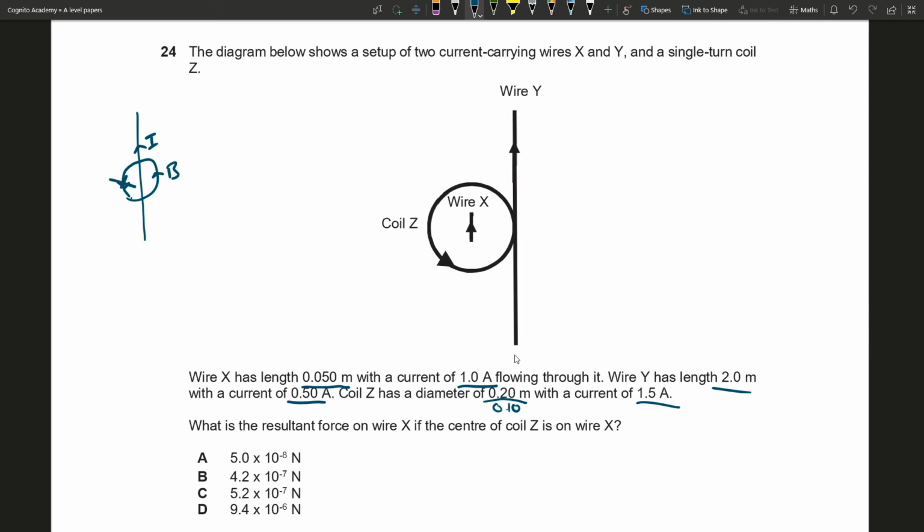And X is at this position. So the magnetic field from wire Y at wire X is coming out of the plane of the paper here.